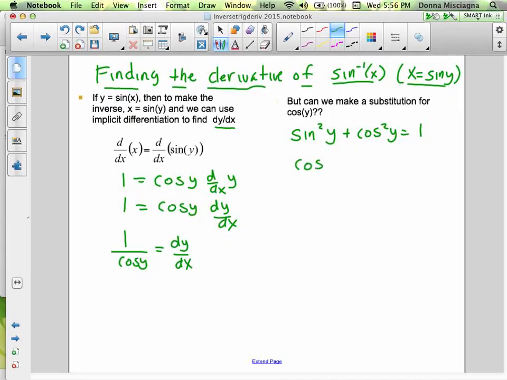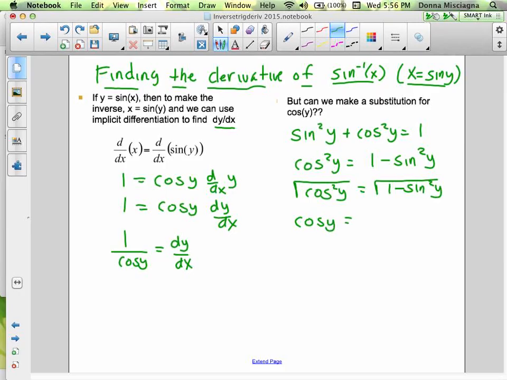So we have cosine squared y equals 1 minus sine squared y. And then we'll take the square root of both sides. So the square root of cosine squared y equals the square root of 1 minus sine squared y. And we can simplify the square root of cosine squared y. That's just cosine y. So cosine y equals the square root of 1 minus sine squared y.